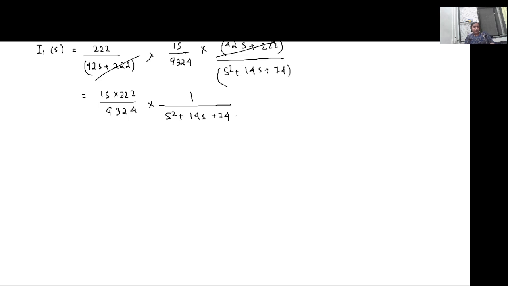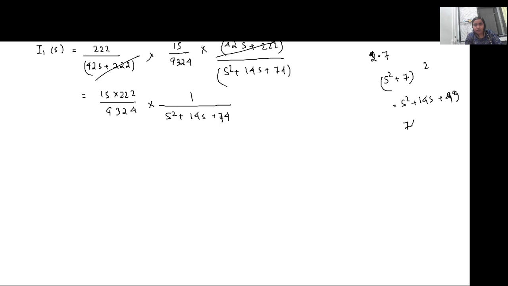Let us look whether this can be factorized or written in terms of s plus a whole square plus omega square. 14 can be written as 2 into 7. If we write s plus 7 whole square, this comes out to be s square plus 14s plus 49.